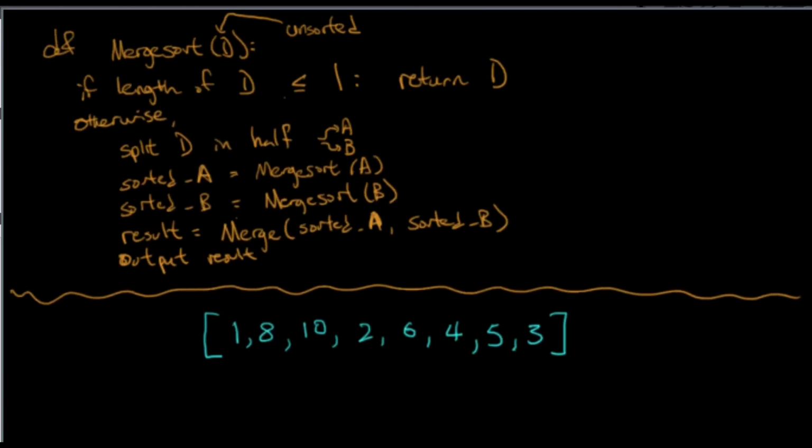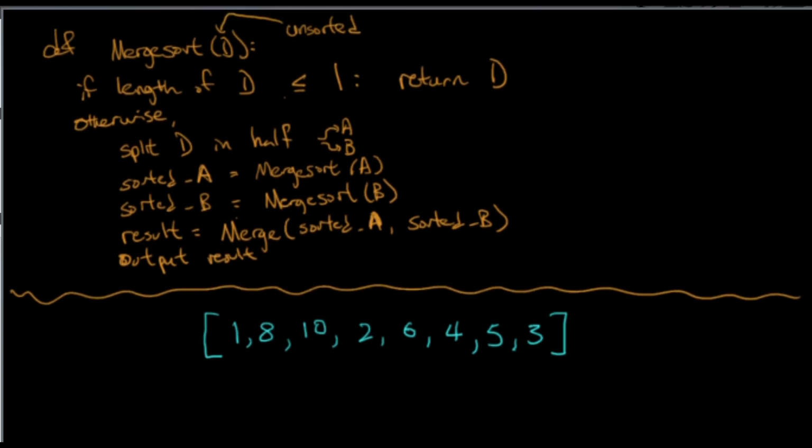And we had 1, 8, 10, 2, 6, 4, 5. Is this length 8? No, it's not. Alright, let's put a 3 in here. Alright, let's just run through the merge sort code.